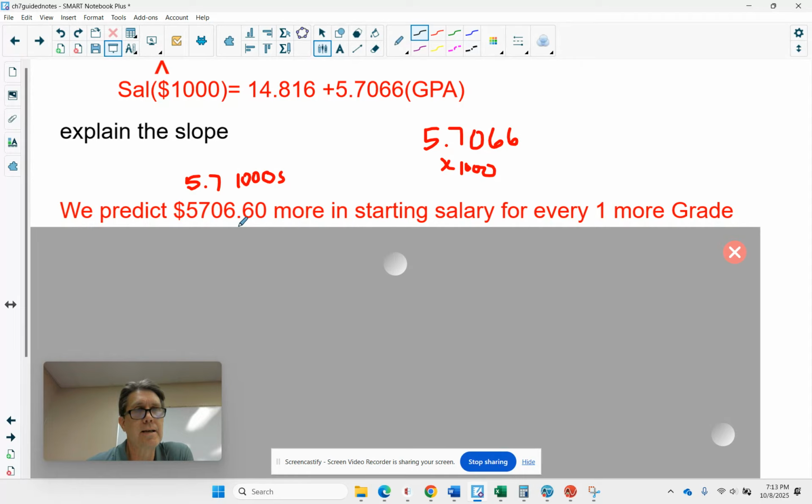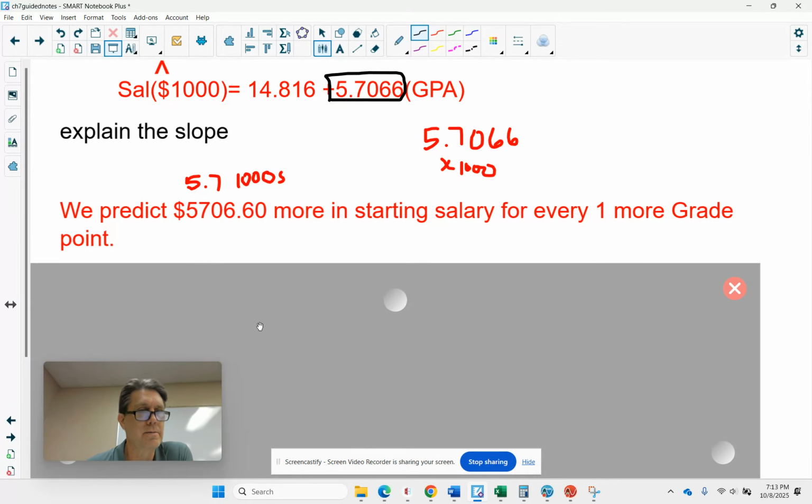We predict 5.7 more thousands of dollars. Okay, so this is 5.7 more thousands, or you can take 5.7 times 1,000 and you can get $5,706.60 more in starting salary for every 1 more grade point that a person averages.